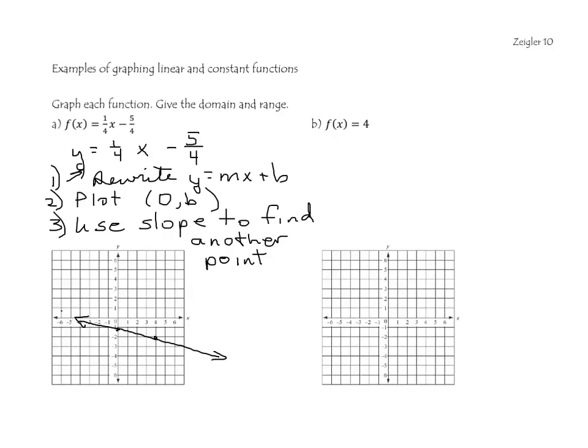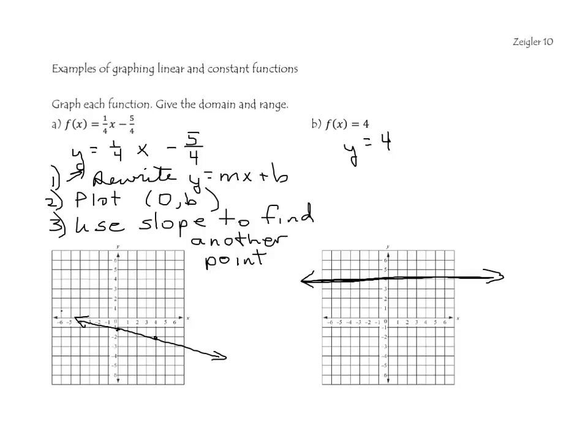In the second example, f(x) = 4, so that means y = 4. And we know that when y equals a number, it graphs to a horizontal line, so that's the same as what we just went over on the previous page. So this is a constant function because it's a horizontal line.